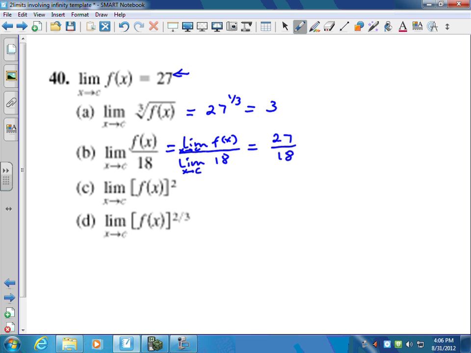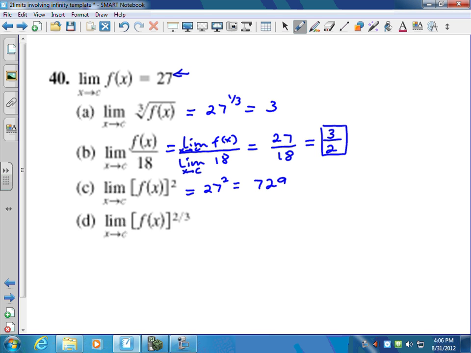Now all we have to do is simplify this expression. So 3 goes to the top, actually let's do 9. 9 goes to the top 3 times, 9 goes to the bottom 2 times. The answer is 3/2.